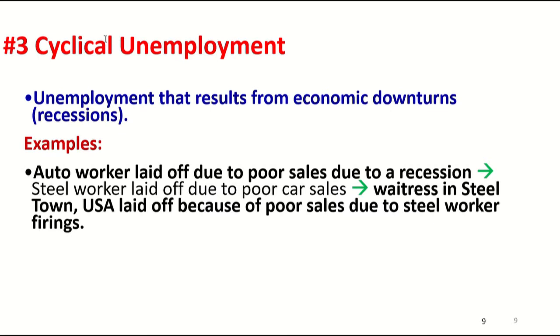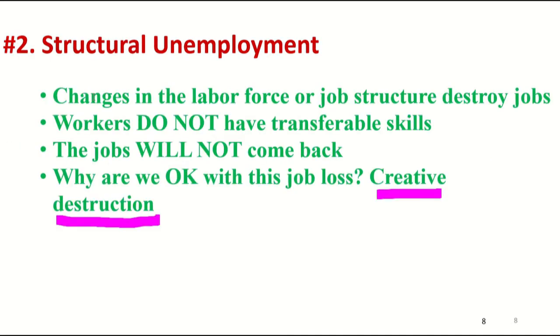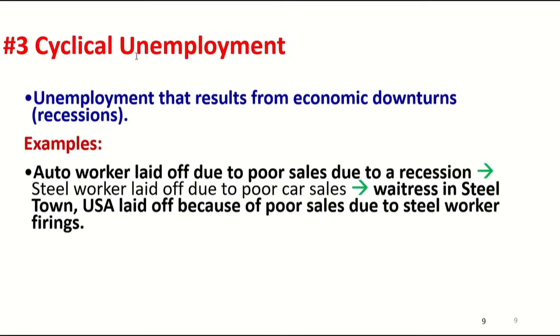Cyclical unemployment. This is the one we don't like, right? Again, structural, this is going to happen. We almost want it to happen. Cyclical unemployment is the type of unemployment we do not want to happen, and we'll talk about that in a minute. And this is just because of the business cycle, right? We have a downturn or we have a recession. The example I give here is an auto worker is laid off due to poor sales, due to a recession. The steel worker is then laid off due to poor car sales.